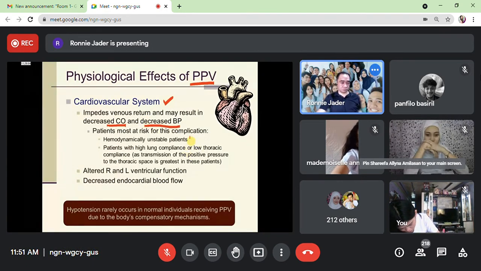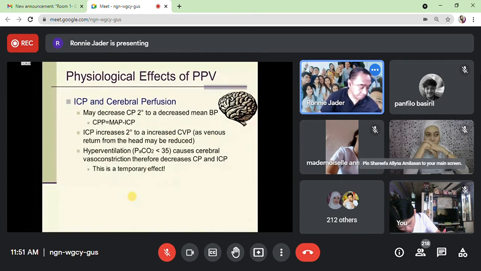The patients we're most worried about are hemodynamically unstable patients, MIs, for example, patients with low circulating volume. If they've got shock, if they're hypotensive, this is going to be a much more important effect.